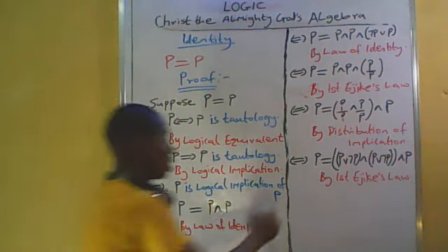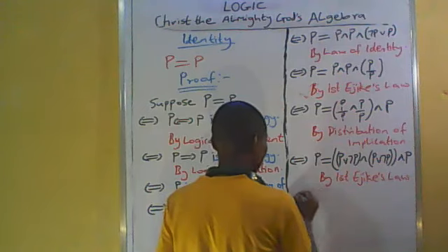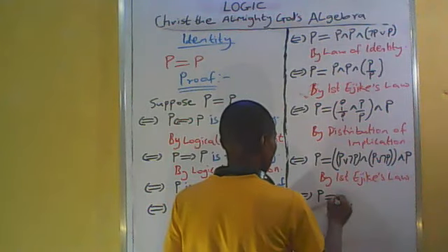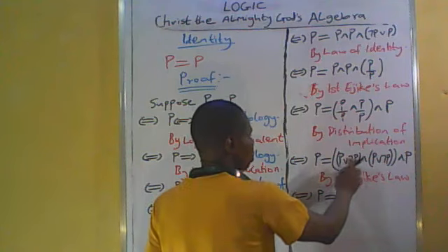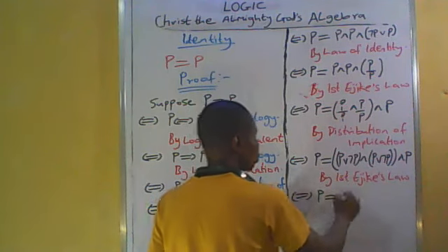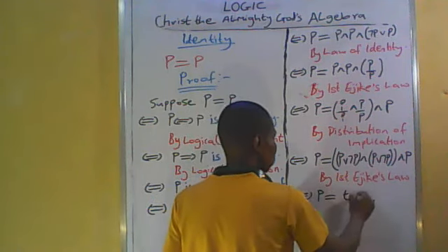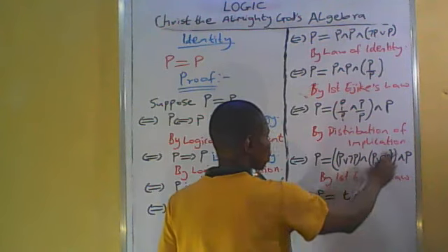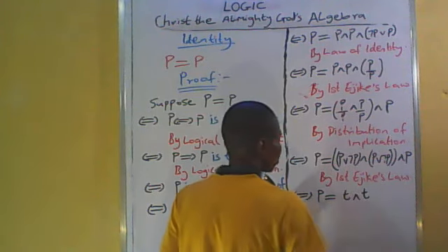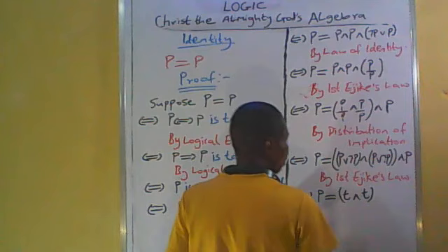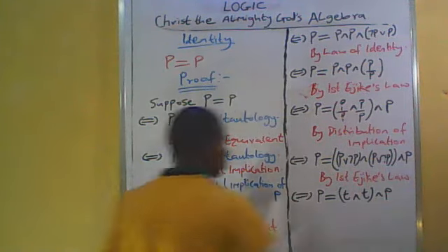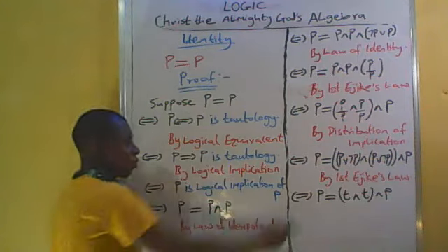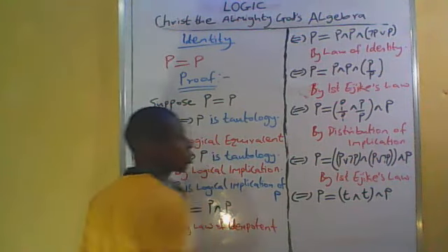Then if and only if P is equal to, you see that P or not P is equal to T, and P or not P is equal to T by the law of complement.